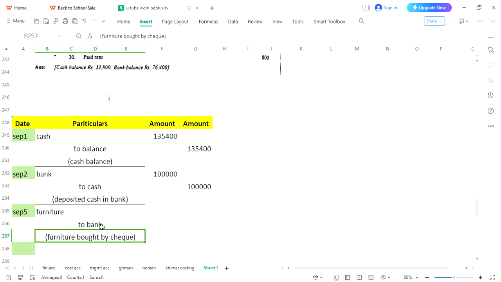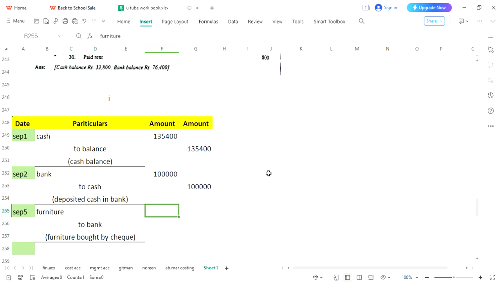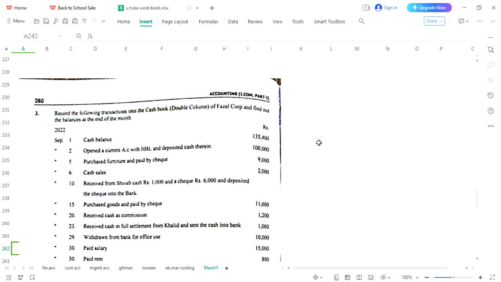It means your asset would be decreased. On the other hand, by buying furniture, your asset is increasing, and payment through check means your bank is decreasing. September 5 was the entry and 9,000 is the amount. Let's put 9,000 on debit side and same amount would be written on credit side. September 5th entry is completed.